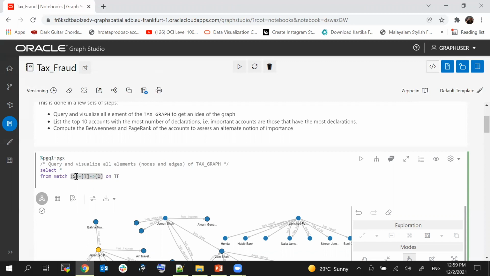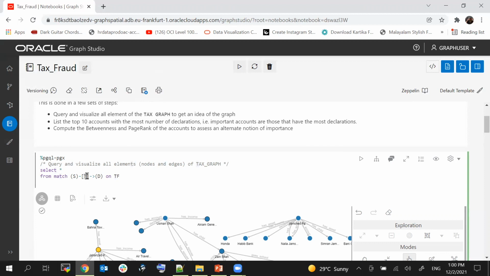So this basically means I have to pick a pattern which starts from a source and it goes to a destination, and the transaction that happened in between.